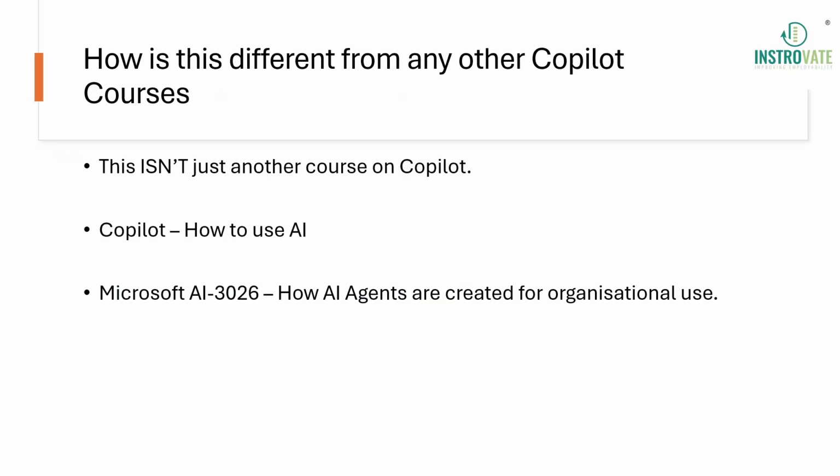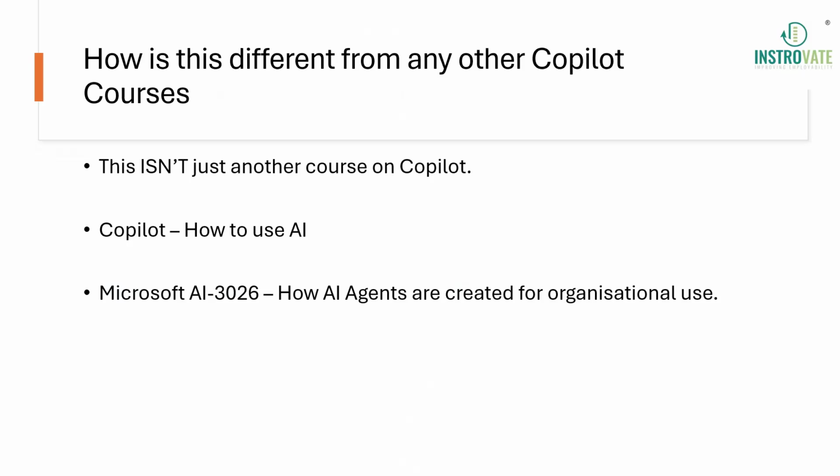In Copilot training, the AI experience is already predefined. The data sources, the security boundaries, the behavior are decided for you. You don't have much say in that. But in AI-3026, you learn how to design those boundaries yourself.